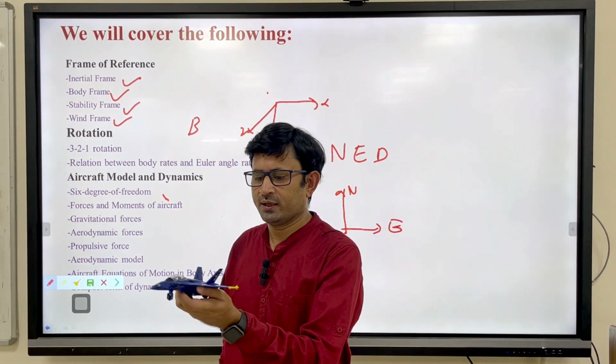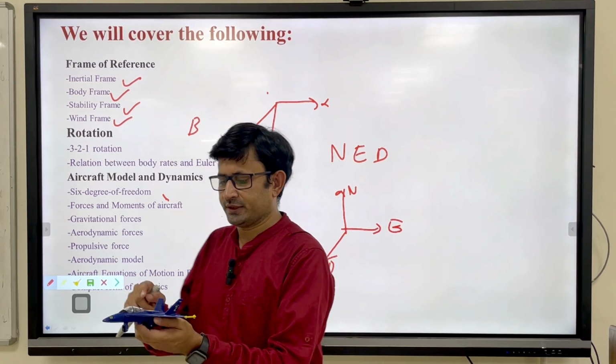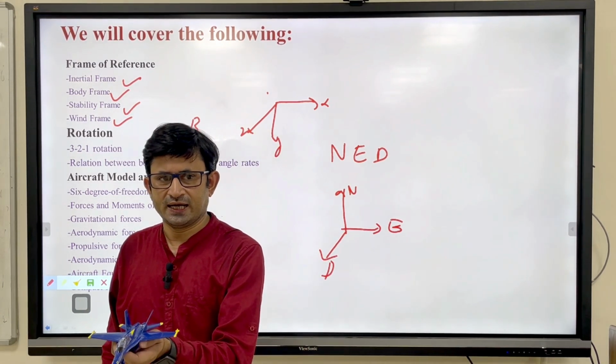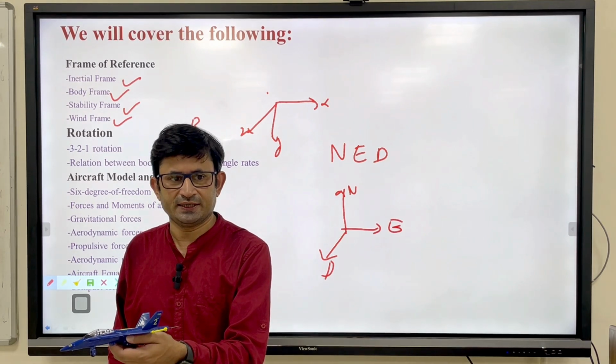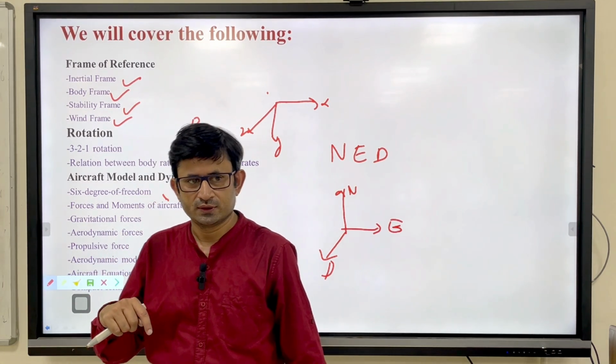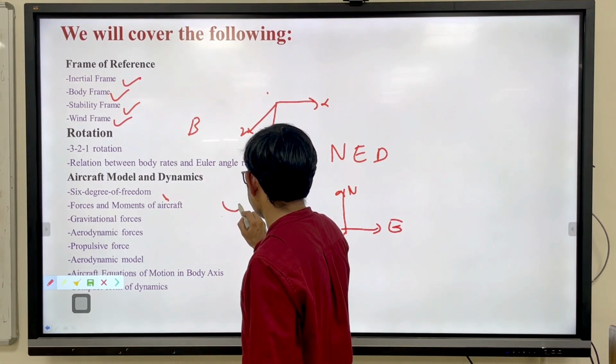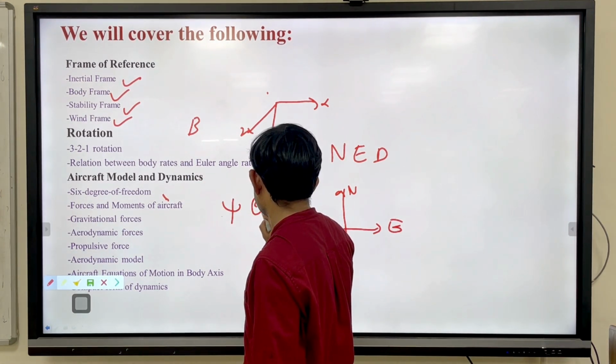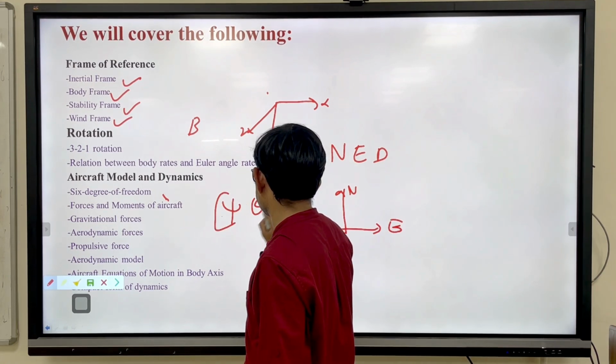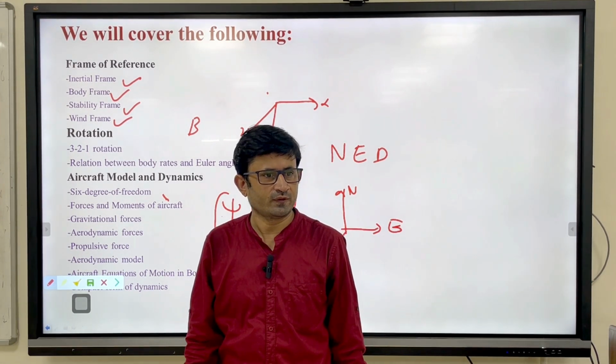Or you can rotate phi, theta and psi to reach from body to inertial. So the angles we perform are psi, theta, phi: three consecutive rotations.